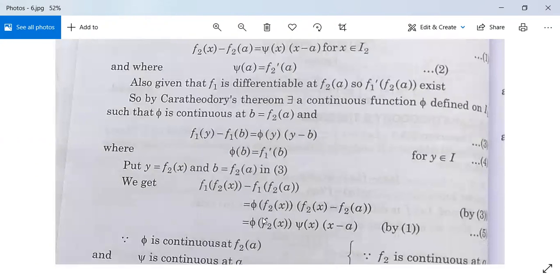This is equal to phi f2x and within bracket f2x minus f2a. So this is equal to phi f2x into f2x minus f2a is this one, psi x into x minus a.